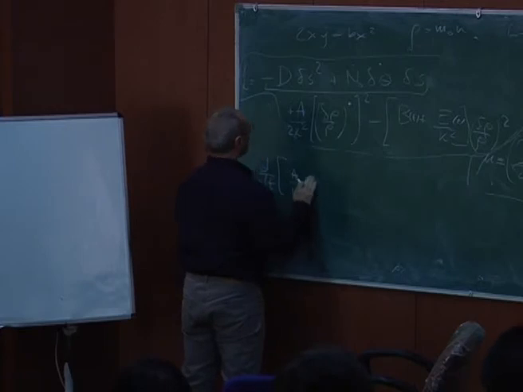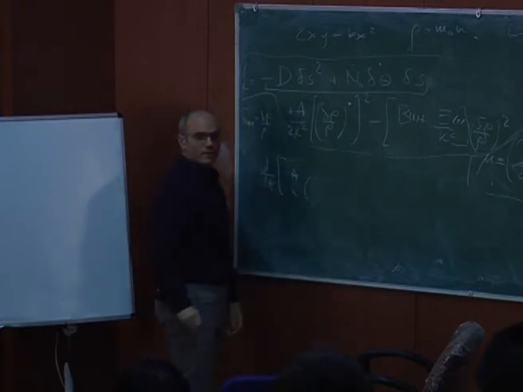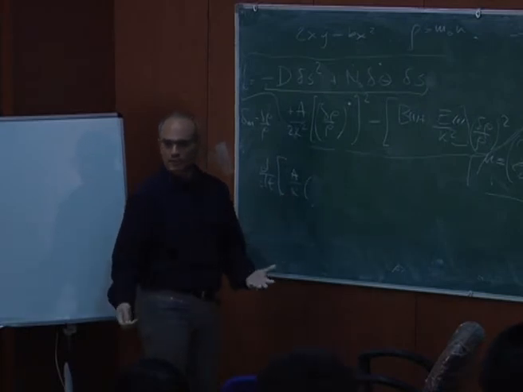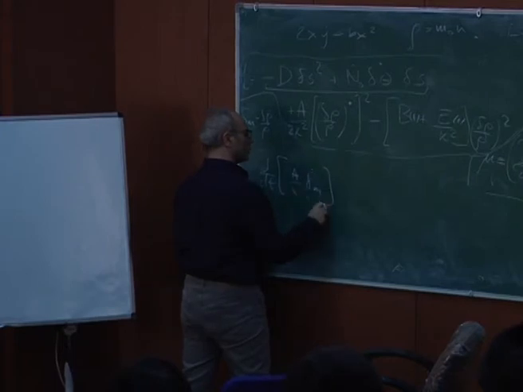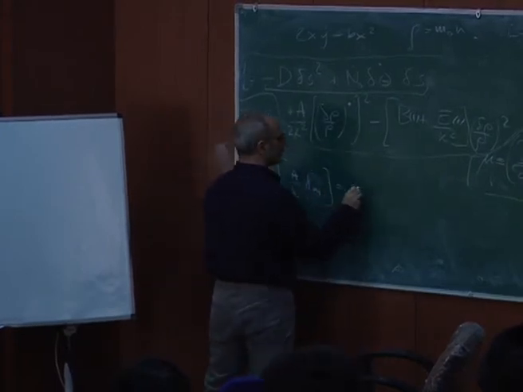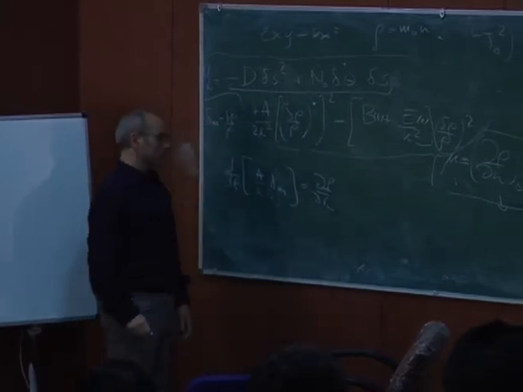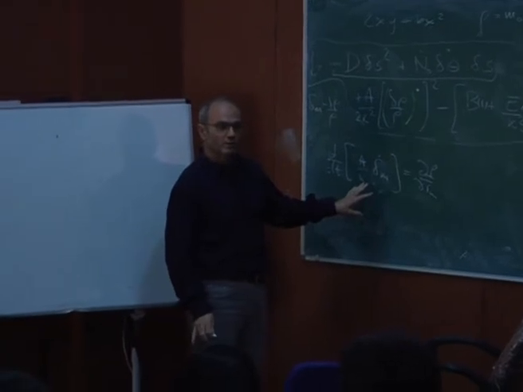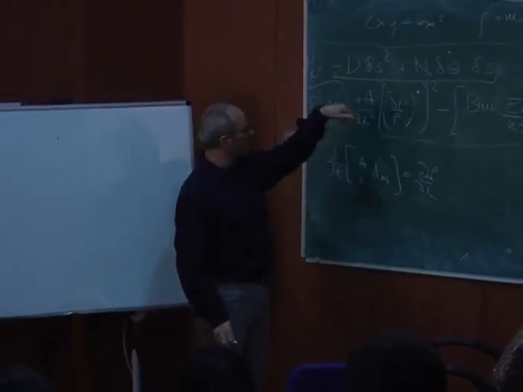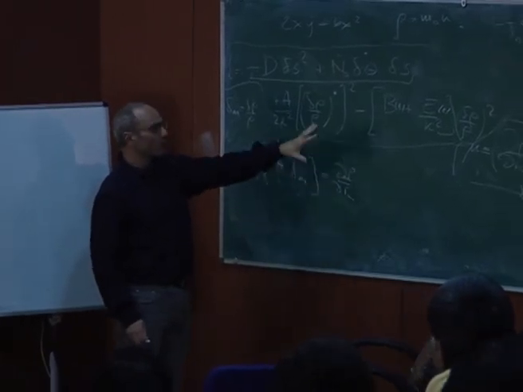Actually, from now on, let me call delta M to be delta rho divided by rho, just for simplicity. So this will be delta M dot, dL over d delta M. Okay, so this is my Euler-Lagrange equation. Hopefully I put it right.